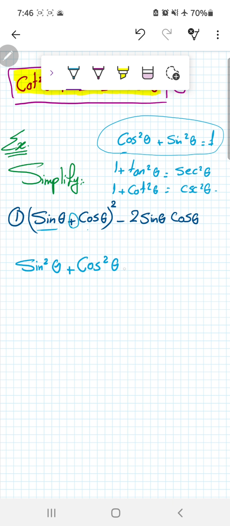In the middle we have plus 2 times first times second, which is sine theta times cosine theta. Don't forget to write minus 2 sine theta cosine theta.